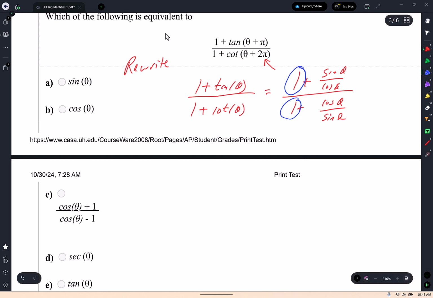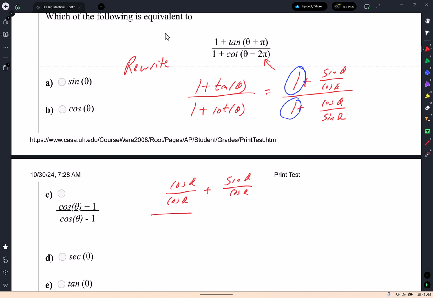So here it is. And usually I don't show this step, but I'll show it this time. Cosine theta over cosine theta plus sine theta over cosine theta over what? Sine theta over sine theta plus cosine theta over sine theta. And I'll show you in case you guys are just going through the motions. This cosine over cosine is your 1. This sine over sine is a 1, but in the denominator.